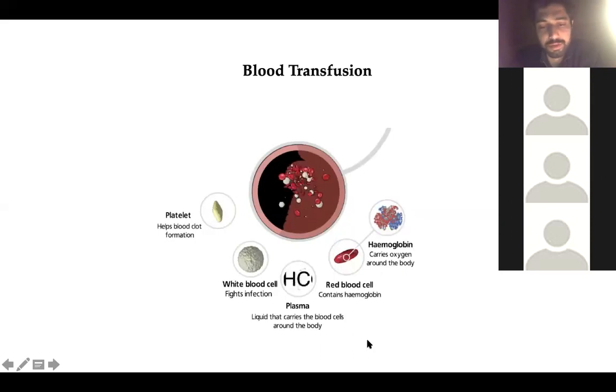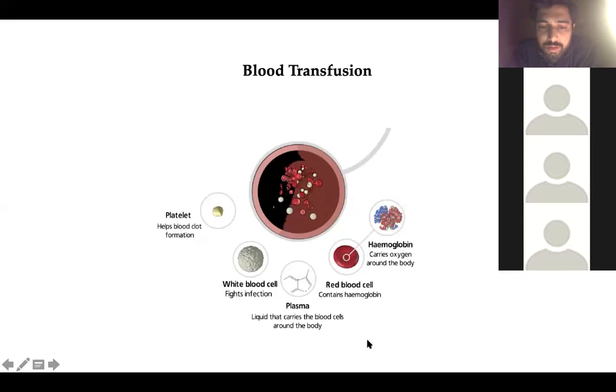Each of them has a function of its own. Red blood cells majorly contain hemoglobin, and the core purpose of that is to transport oxygen. So they are basically oxygen carriers. The idea is to ensure that oxygen is distributed throughout the body, and the primary source of that is blood.